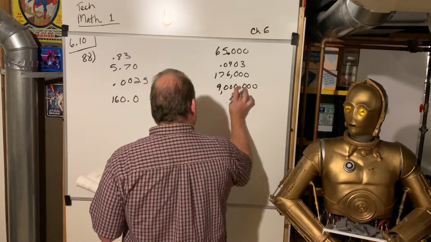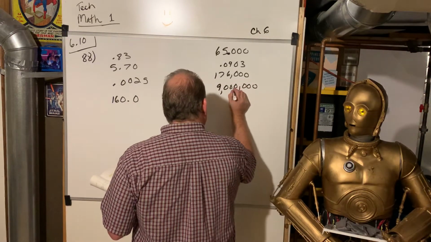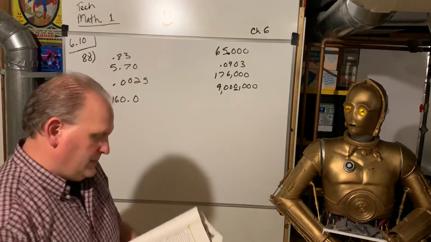But then they also have a weird mark on here. There's an underline under the thousands place.